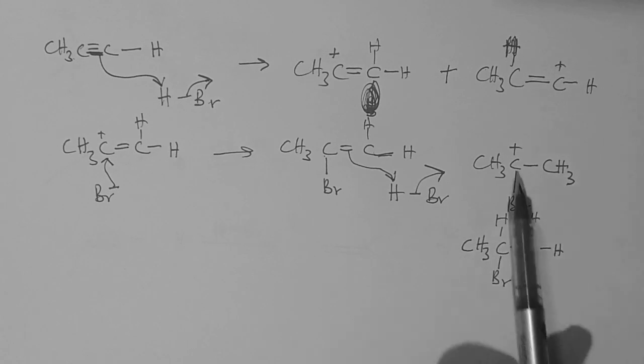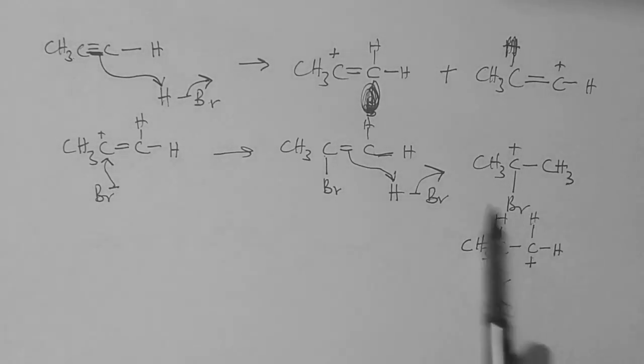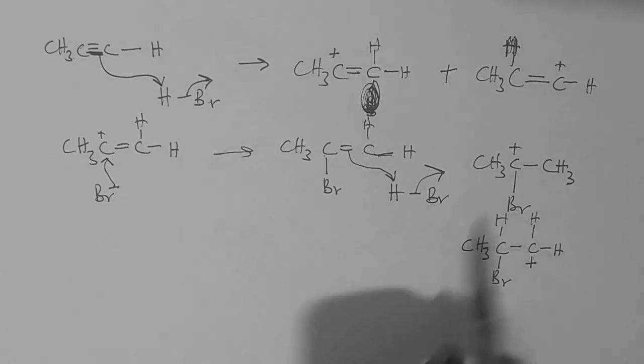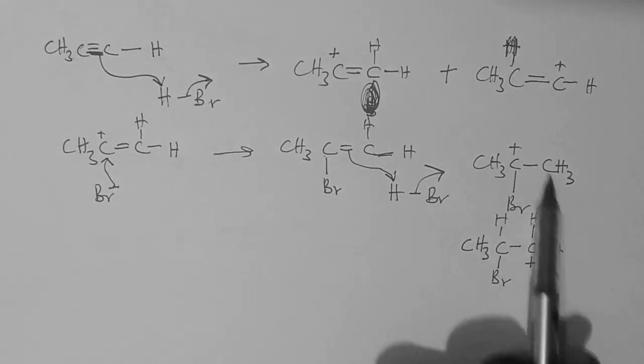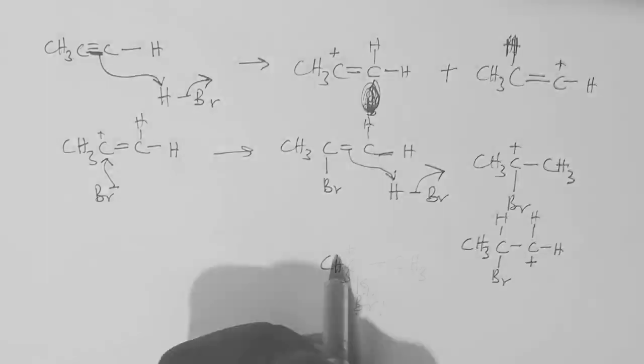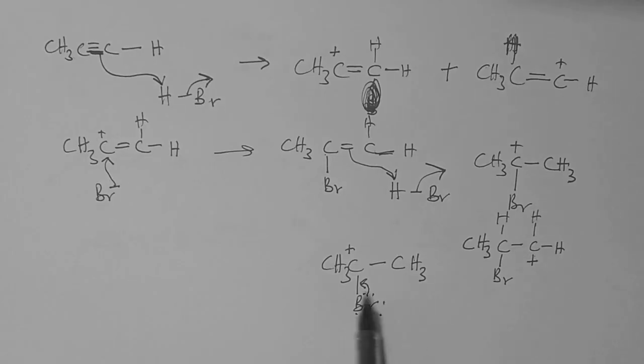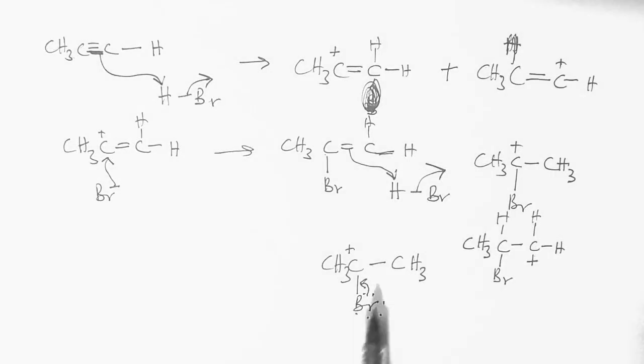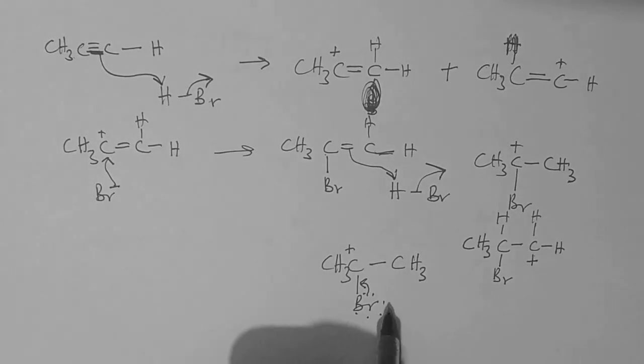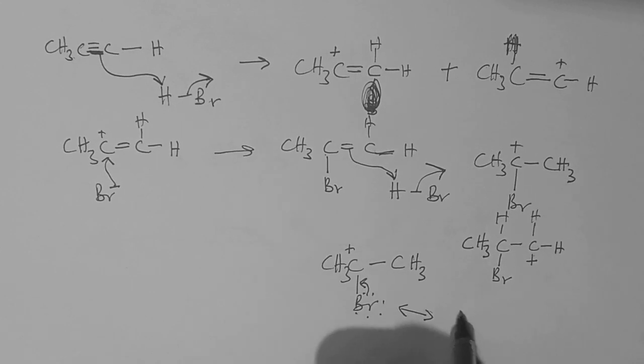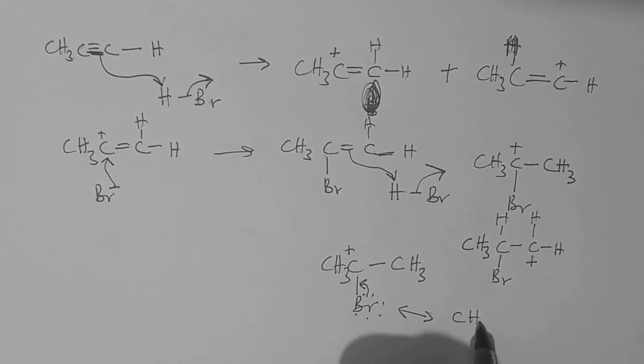Now, why would the reaction favor this kind of product, this kind of intermediate? The reason is because the bromine can easily push one of its lone pairs to the carbocation, and that causes some form of resonance stabilization. So there is some form of resonance stabilization here.